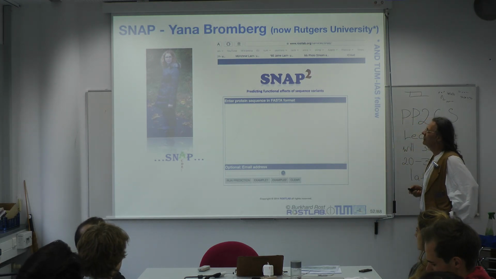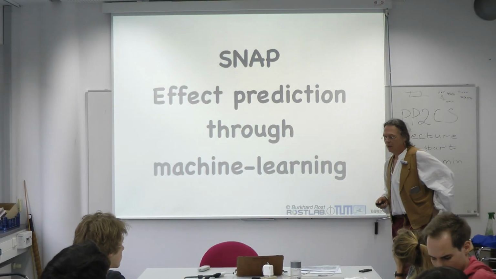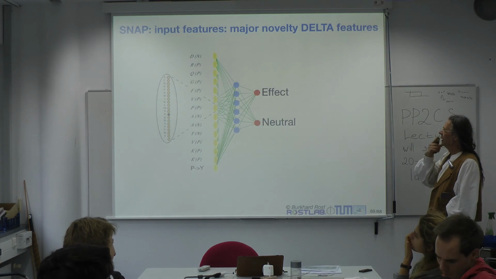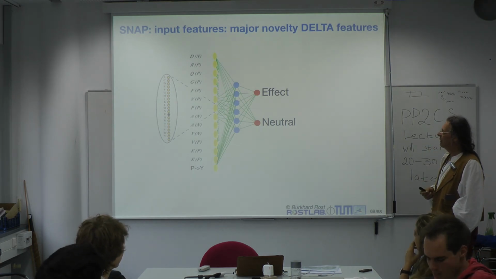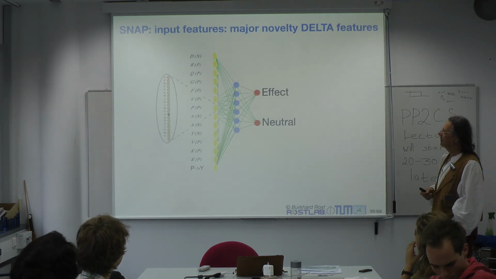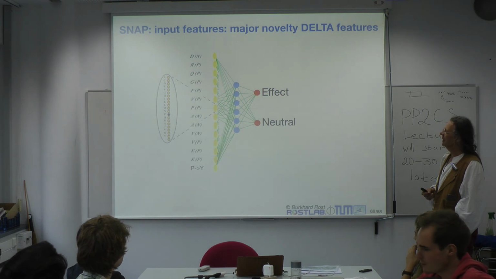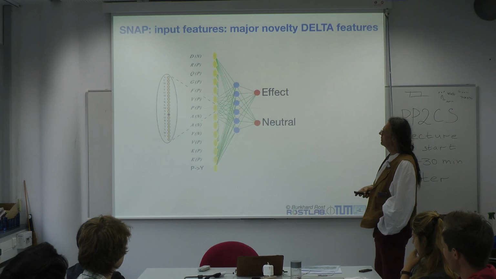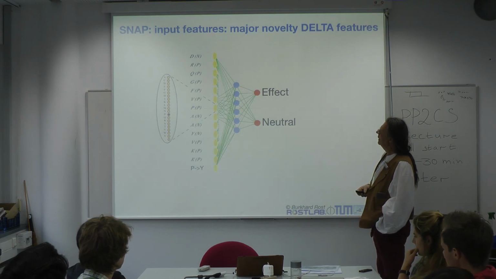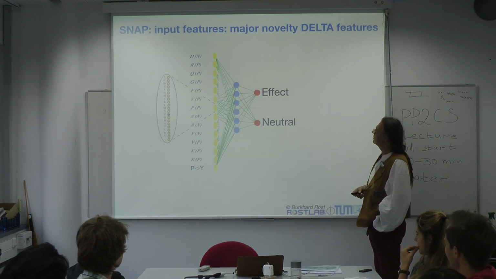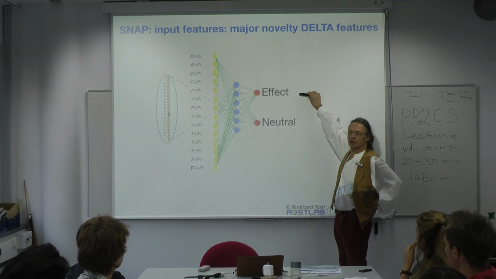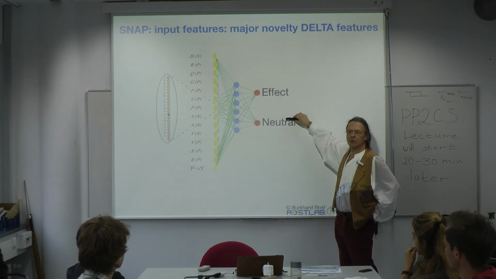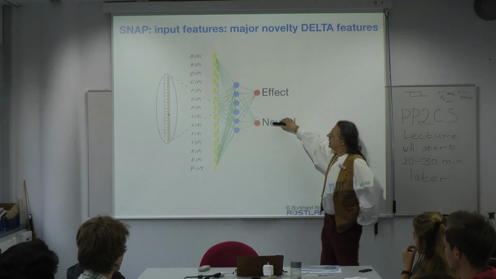SNAP 2 comes from Jana Bromberg. The first decision was, we tried a variety of machine learning packages and ended up with a neural network. In this neural network we have the maybe not so surprising architecture, where 1 unit codes for effect and 1 unit codes for neutral.